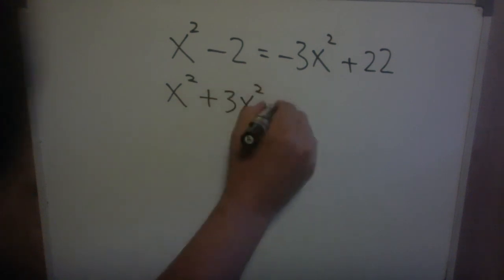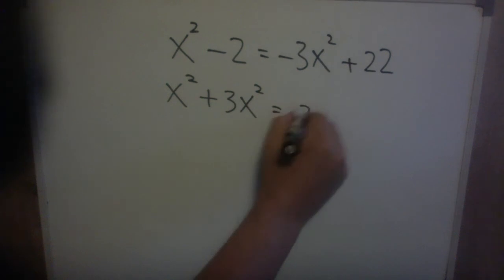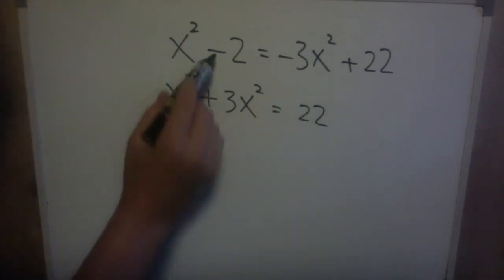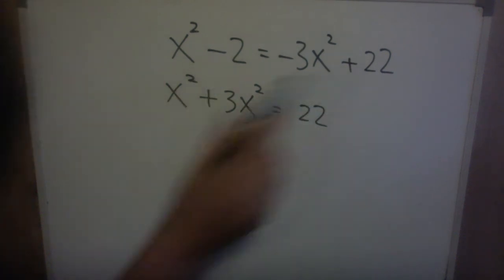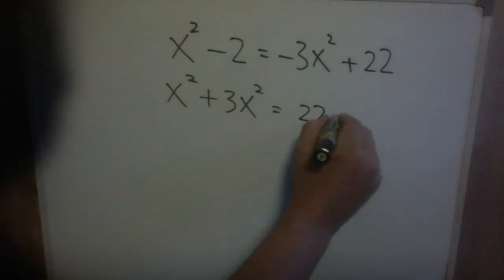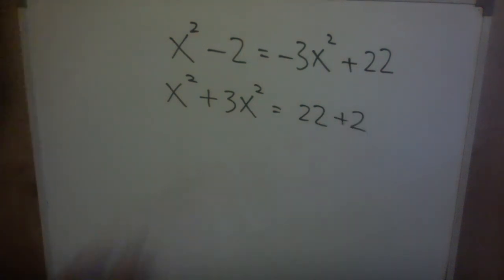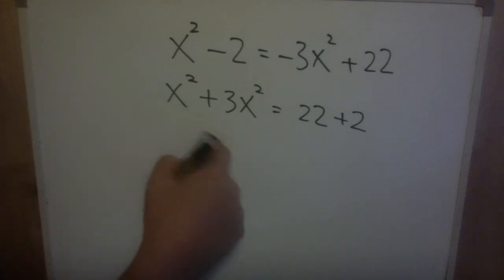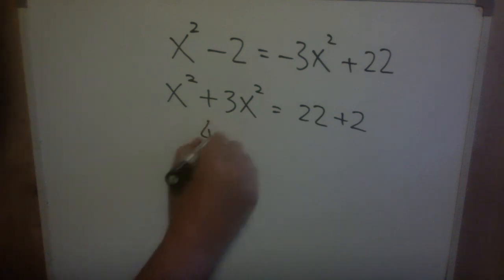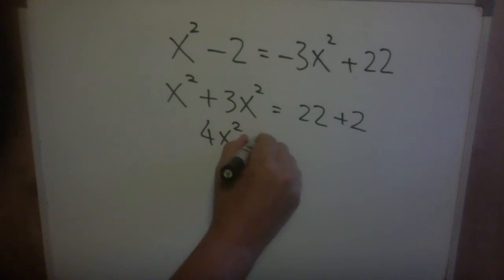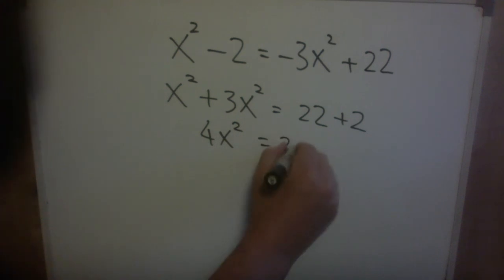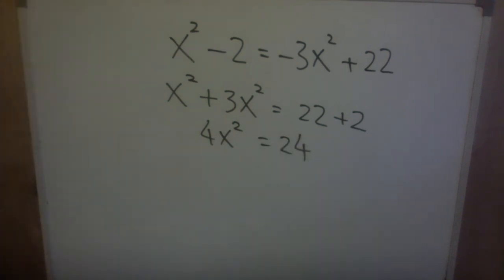Negative 2 goes to the right-hand side and becomes plus 2. So now we have x squared plus 3x squared, that's 4x squared, equals 22 plus 2, that's 24.